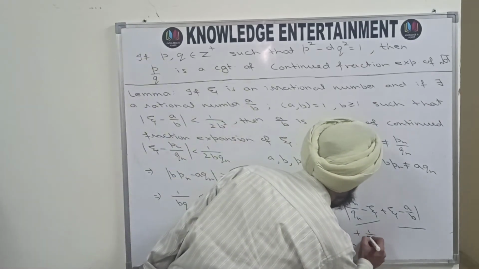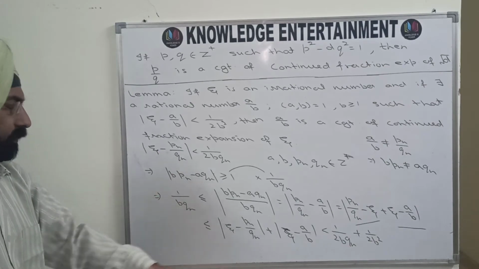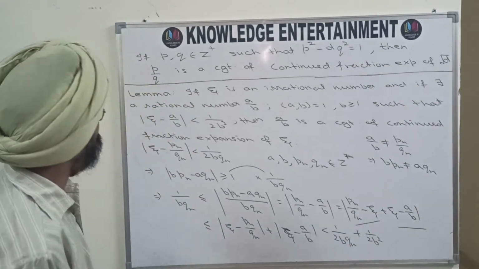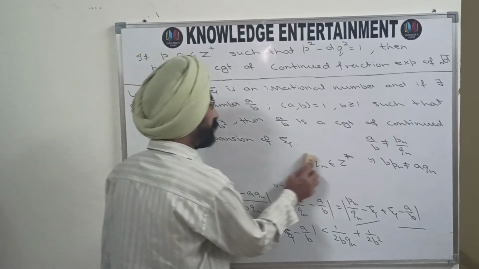So it is 1 upon 2b square. So once again it is time to rewrite these steps.